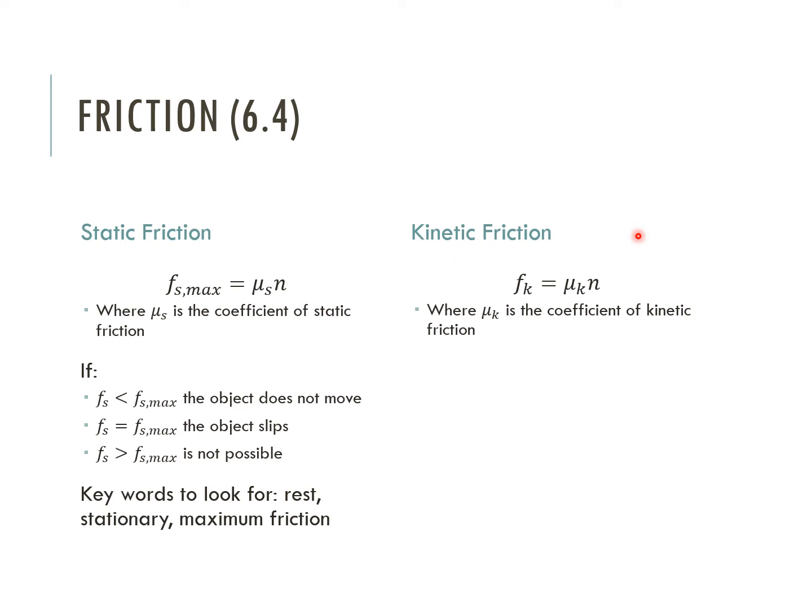This is the value you are going to have for your kinetic friction. Some key things to look for are objects sliding on another object. Usually what we have is one stationary object and something like a box sliding on that object. And we will be doing an example that has kinetic friction in it shortly.